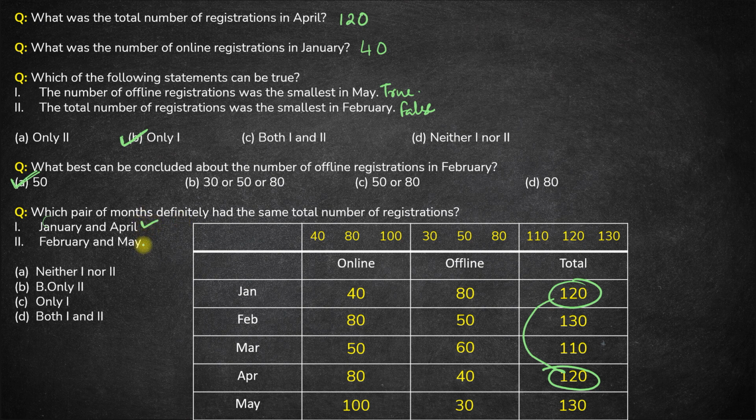So this is correct. Next, let's look at February and May. Even this pair of months has the same number of registrations, which is 130. So this is also correct. Hence the answer to this question will be both 1 and 2. Both these pairs of months have the same total number of registrations.